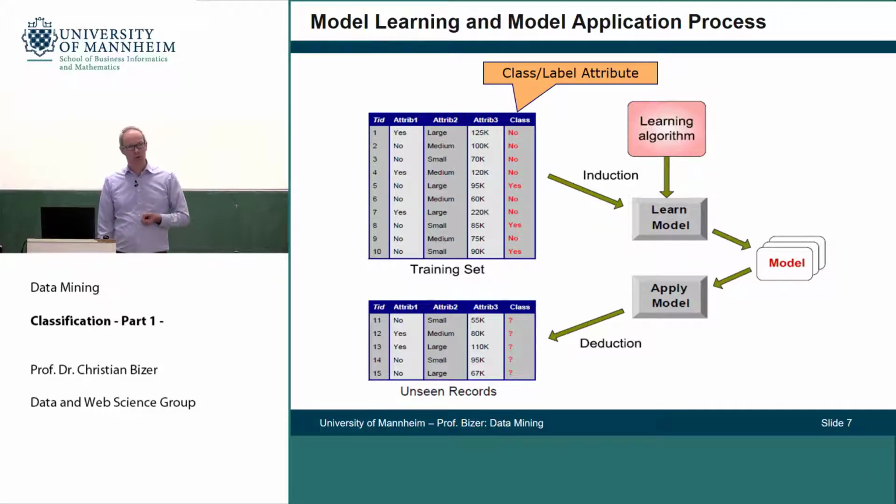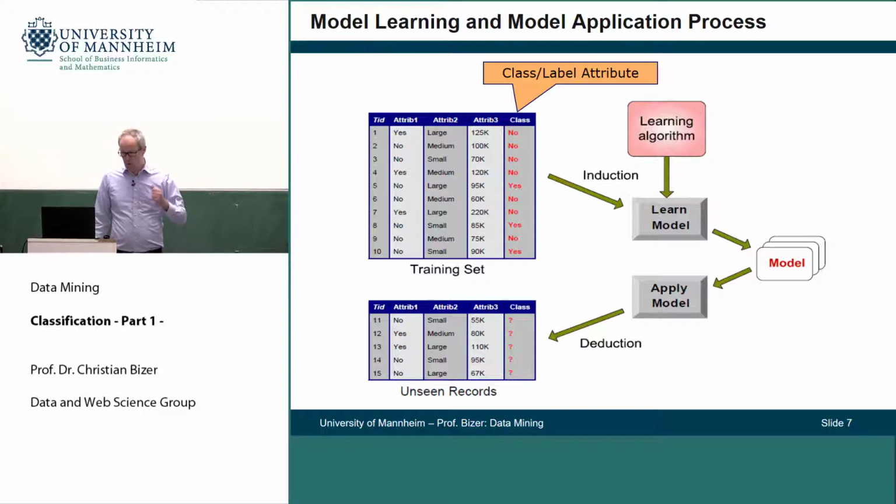So basically the algorithm looks at patterns in the data that correlate with the values of the class label. So stuff like the label is usually no if people have a high income, or the label is usually low if, I don't know, attribute 1 has a value yes.